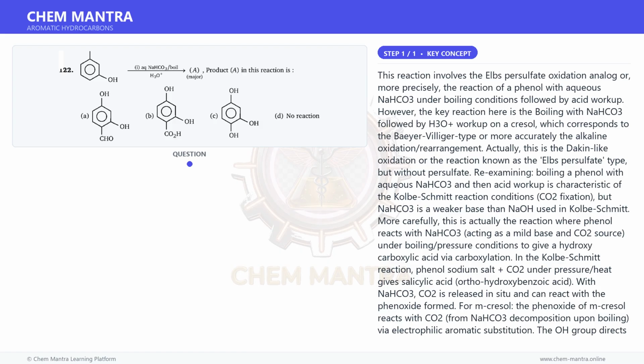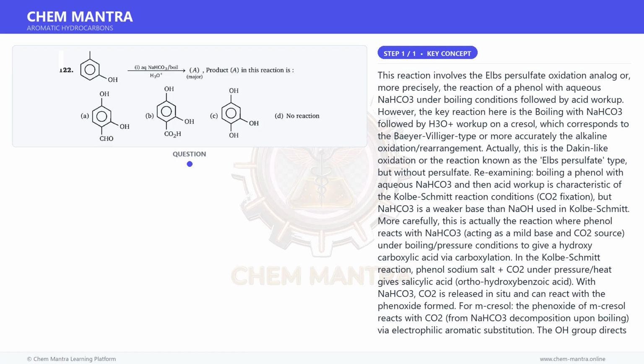Given that the answer is definitively B, a dihydroxybenzoic acid derivative, this reaction represents the ELBS type or alkaline hydroxylation where the para position to OH gets hydroxylated and carboxylation occurs, or this is a specific named reaction giving ortho-dihydroxy plus CO2H product. The answer B shows 2,3-dihydroxybenzoic acid type product, catechol plus CO2H. This is consistent with oxidative carboxylation of m-cresol.